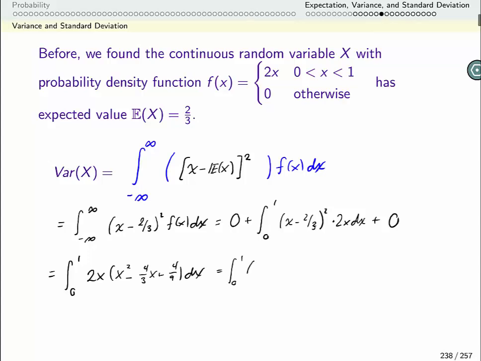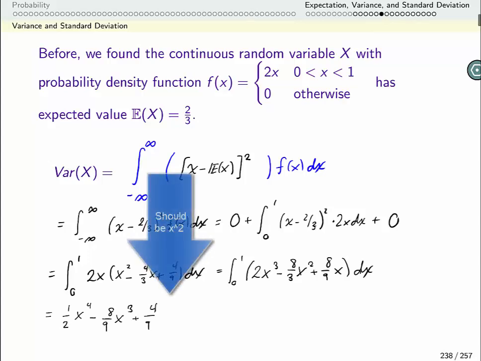Distributing that through, here is the polynomial that we need to antidifferentiate. And I'm going to evaluate it from 0 to 1. The 0 case is easy.